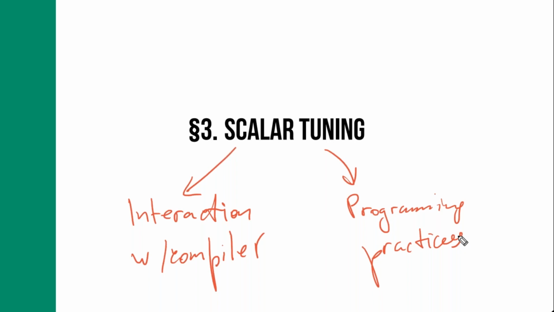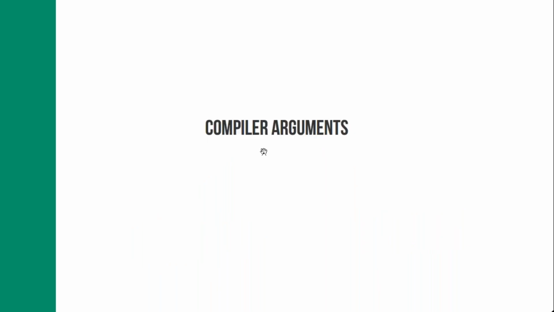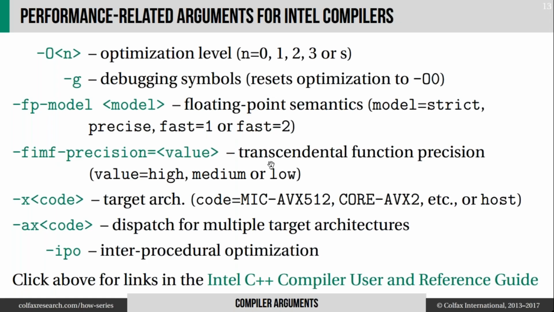Scalar tuning refers to all of the techniques that allow you to improve the performance of your application without touching the vector aspect or the multi-core aspect of your calculations. First, we will talk about interactions with the compiler. In this course, we focus on Intel compilers, and so what I show is going to be specific to this compiler family.